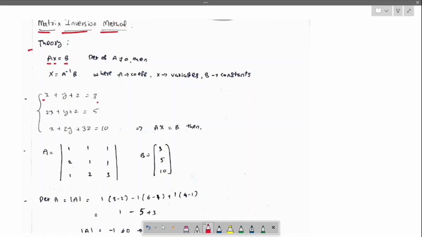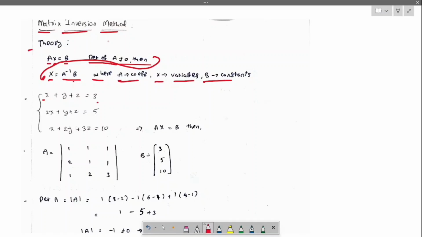AX equals B. If the determinant of A is not equal to 0, then go for the next step: X equals A inverse B, where A is the coefficient matrix, X is the variables, and B is the constant. We need to check whether the determinant of A is equal to 0 or not.